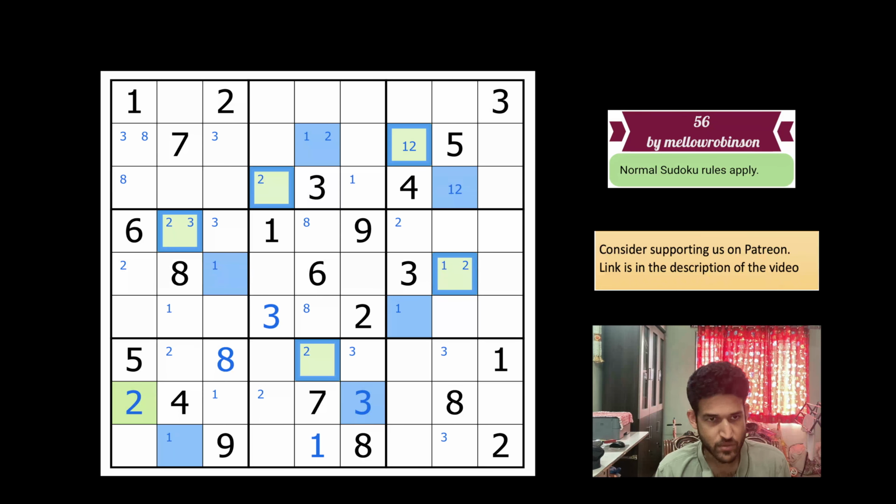Yeah, I've seen the shorter way. So if you have a 3 here, automatically these 2 get forced, right?